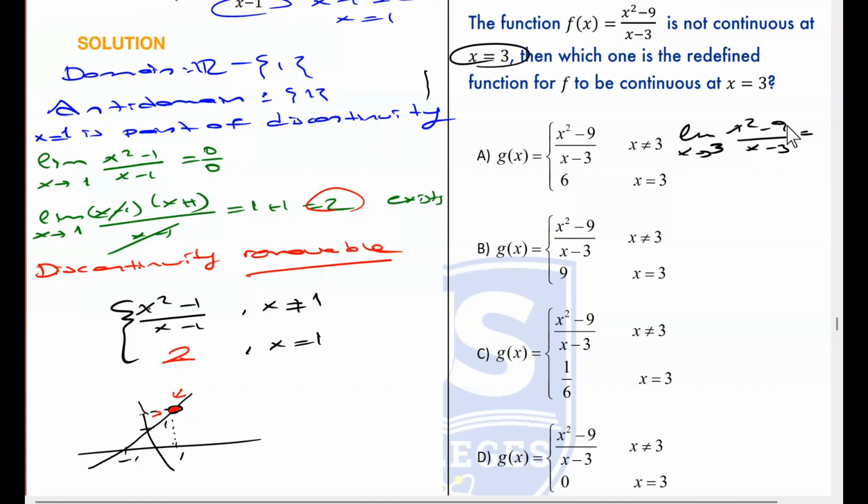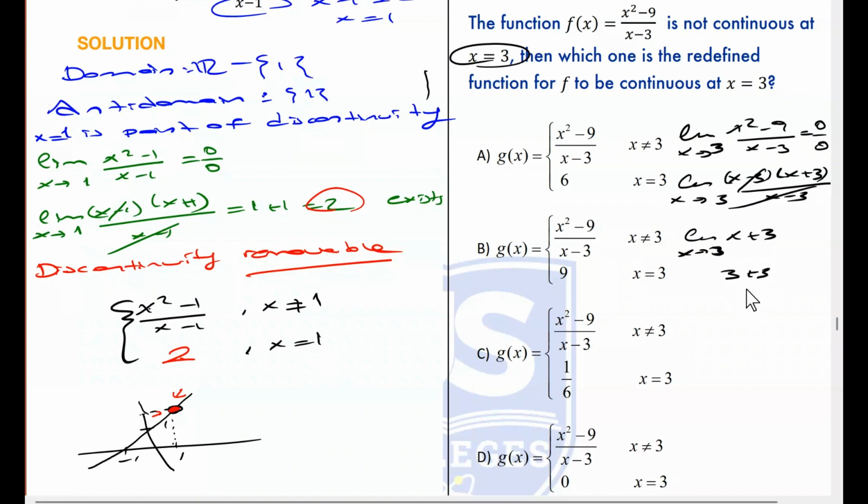When you substitute 3 back, you'll get a 0 over 0 case, which means you rewrite the function. Limit as x approaches 3 of x squared minus 9 factorized, (x minus 3)(x plus 3), over x minus 3. The x minus 3's cancel each other. You are left with x plus 3. When you insert 3 back, 3 plus 3 makes 6.